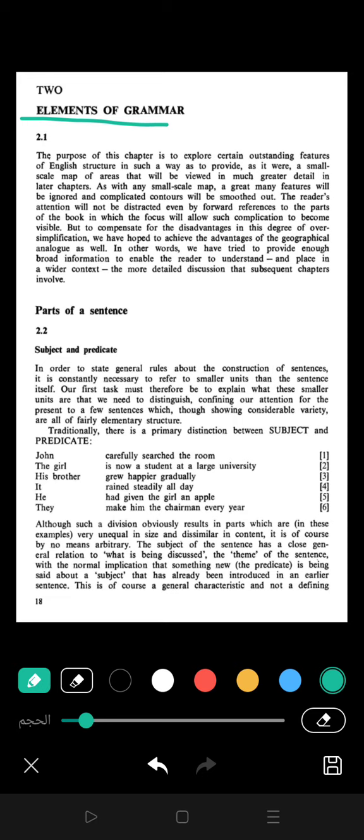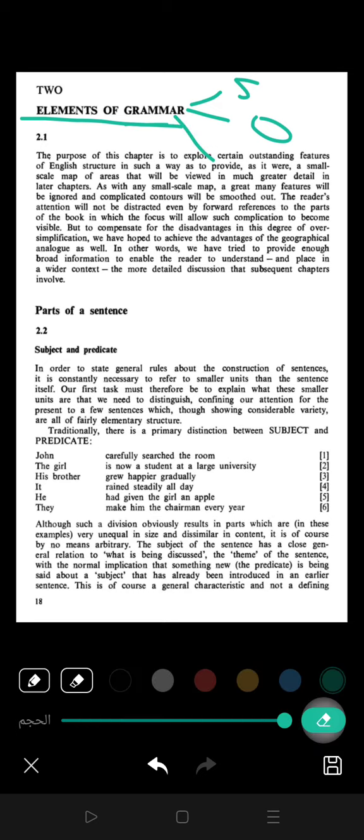What does elements of grammar mean? As you know, each sentence has its own elements. So we call these elements of grammar, or elements of the sentences. And what are the elements of the sentences here in English? Of course, we have subjects and objects. We have only 5 elements.